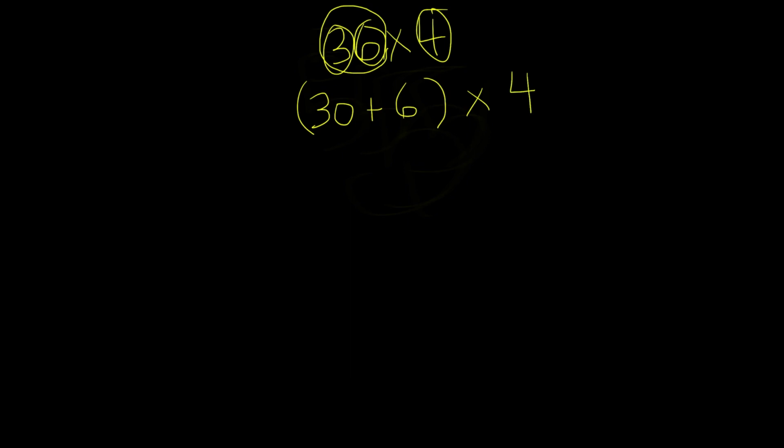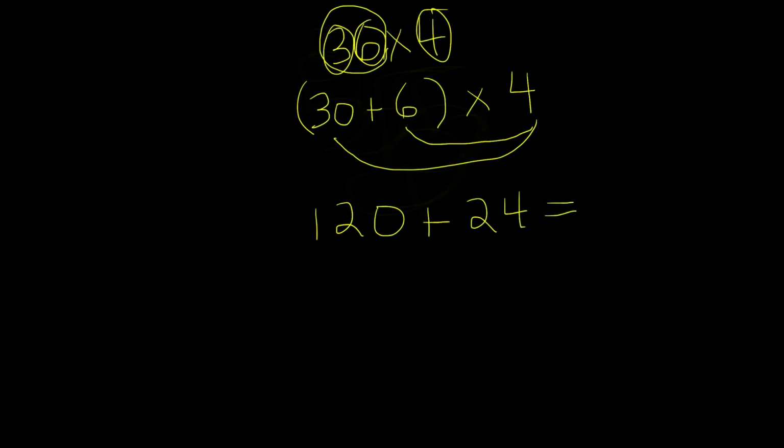And now, remember, we distribute the 4 to both terms. So we do 4 times 30 as well as 4 times 6. 4 times 30 is 120 plus 4 times 6 is 24. And this gives us 120 plus 24, that's 144. And that's our answer. Now let's do one more problem.